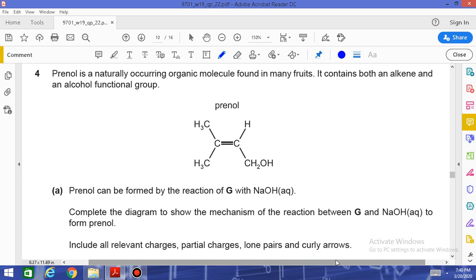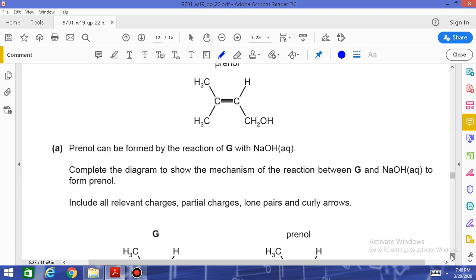The last one, please read the question first. Prenol can be formed by the reaction of G with aqueous sodium hydroxide.